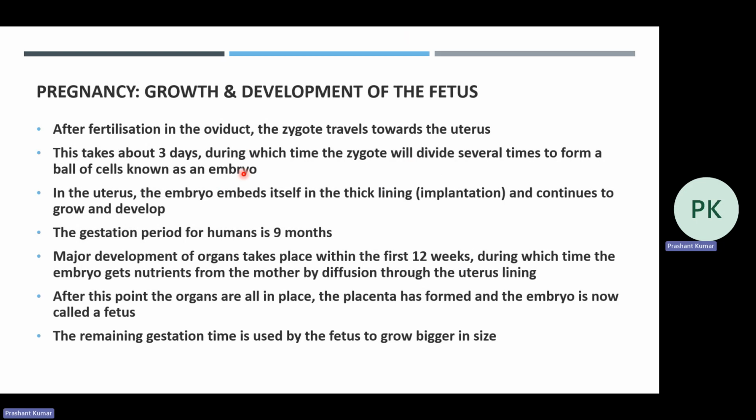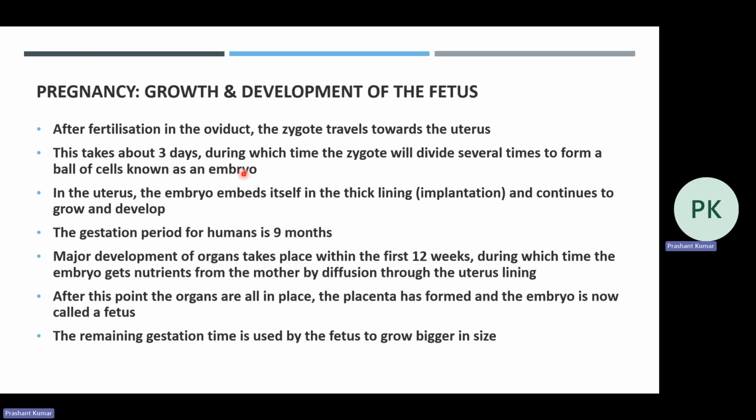So in the uterus, the embryo will get embedded in the thick lining called the endometrium, which is called implantation, and continue to grow there. In humans, the gestation period is 9 months. The major development of organs takes place in the first 12 weeks of the pregnancy, which is also called the first trimester. In the later trimesters, the body is just going to grow, right?